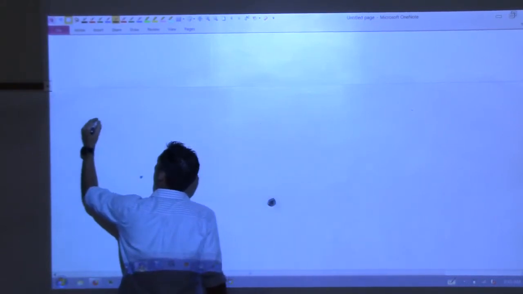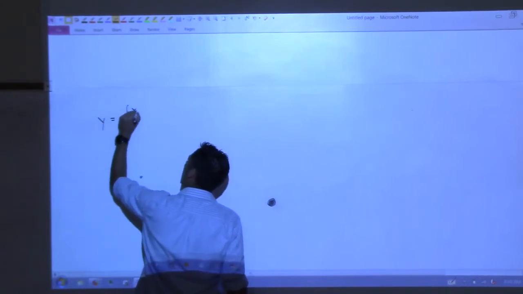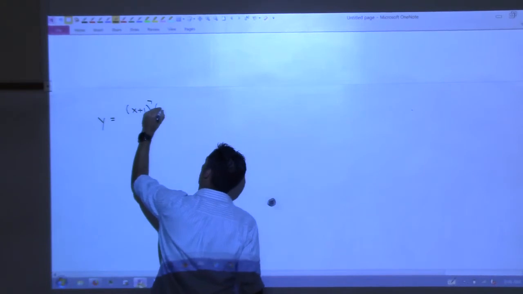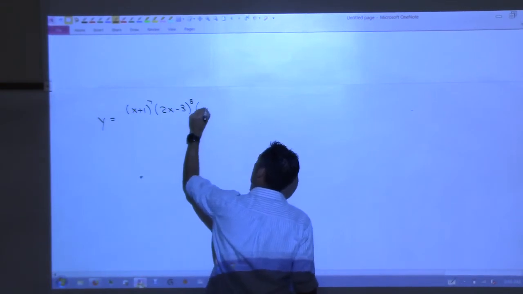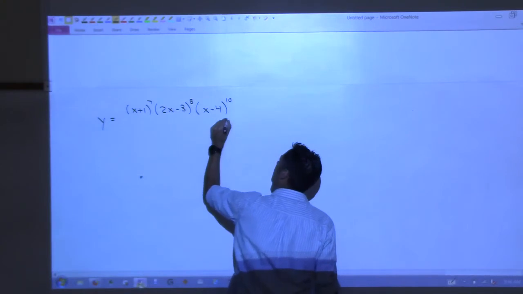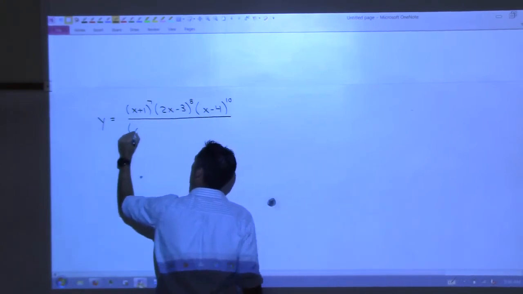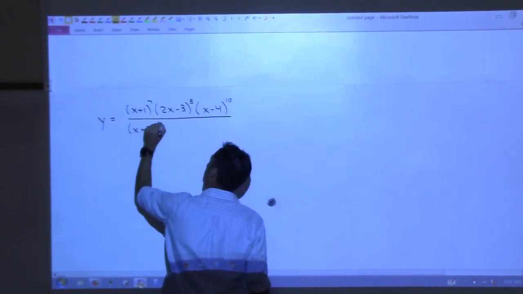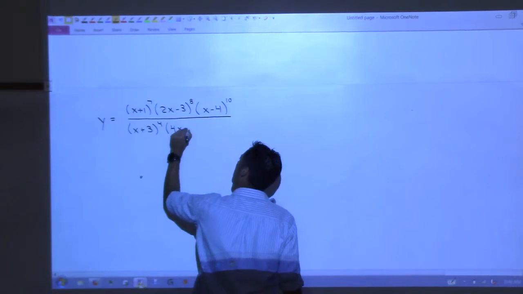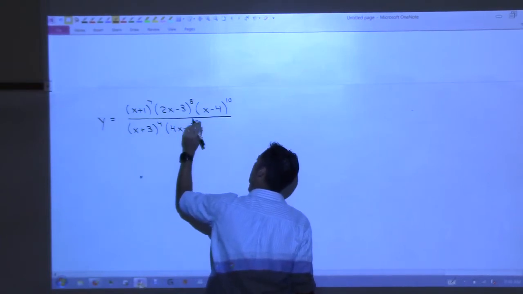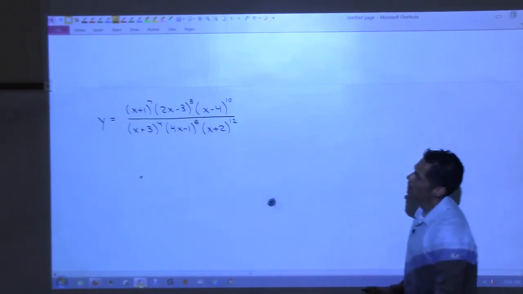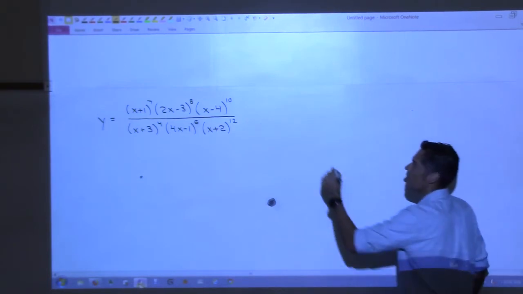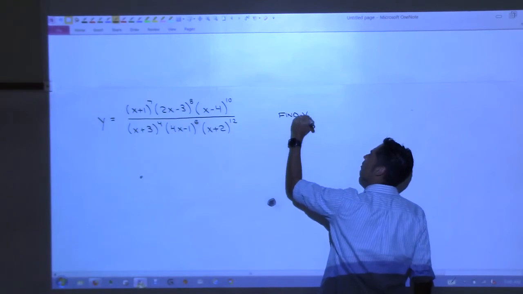Y equals (x plus 1) to the 7th times (2x minus 3) to the 8th times (x minus 4) to the 10th, over (x plus 3) to the 4th times (4x minus 1) to the 6th times (x plus 2) to the 12th. And we want to find y prime.